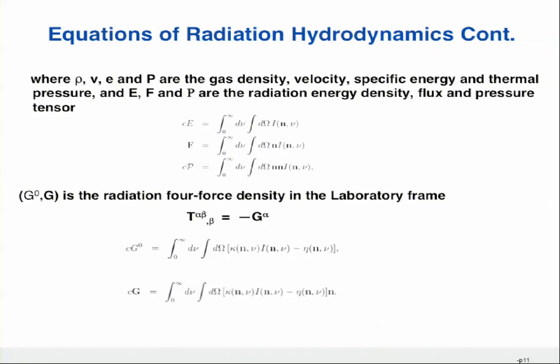And that right-hand side that couples the matter field to the radiative field is in fact a 4-force density. It is a tensor in the laboratory frame of the fluid, and it is directly related and equal, except for a reverse in sign, to the radiation energy stress tensor.